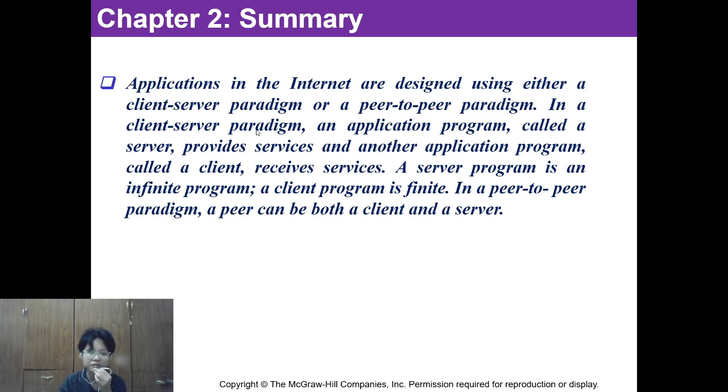In a client-server program, an application program called a server provides service that another application program called a client receives. A server program is an infinite program. A client program is finite. In a peer-to-peer program, a peer can be both a client and a server.